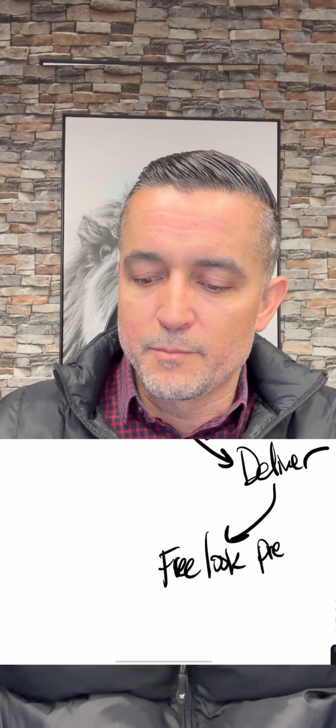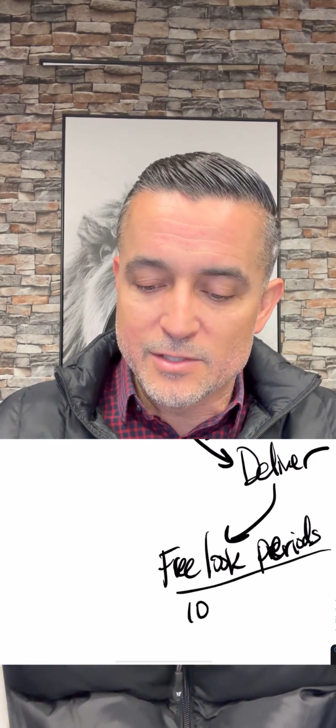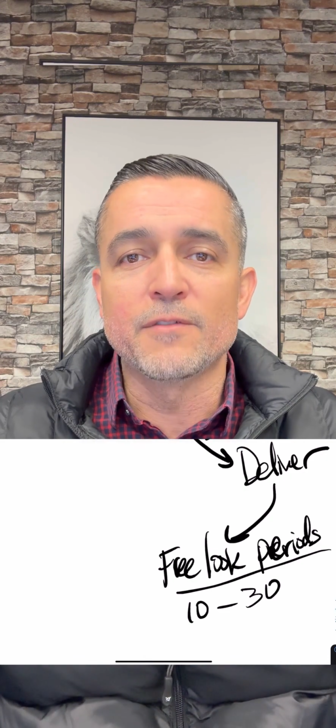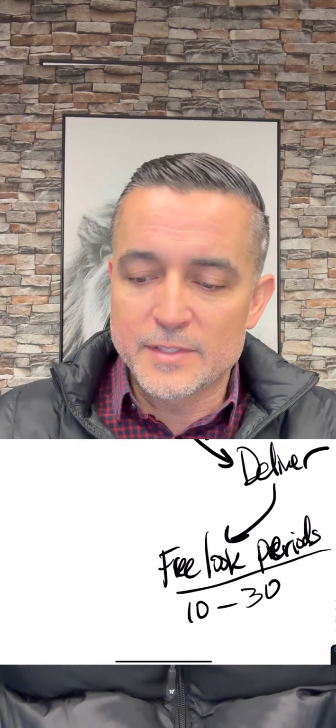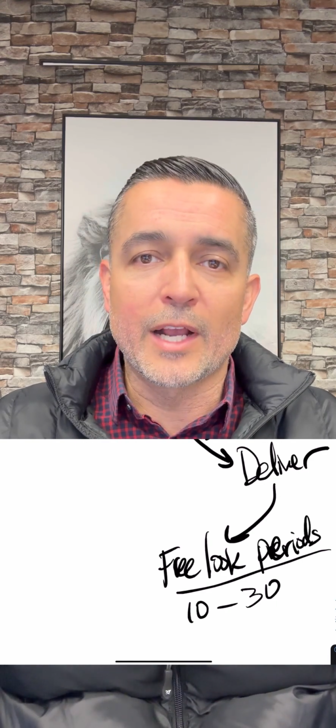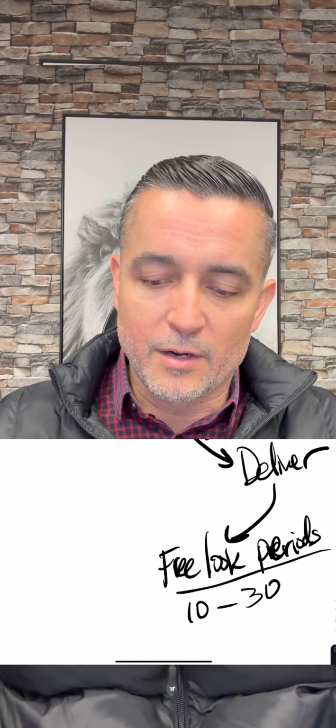This free look period could be 10 days to 30 days: 10 days if they're under 60 years old, 30 days if they're over 60. This is important because it determines whether the client accepts or declines the policy, okay? All right, so far so good.